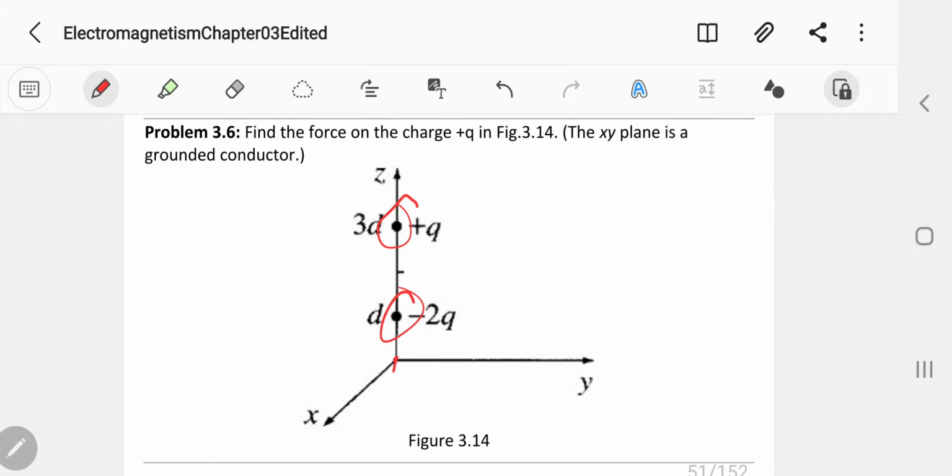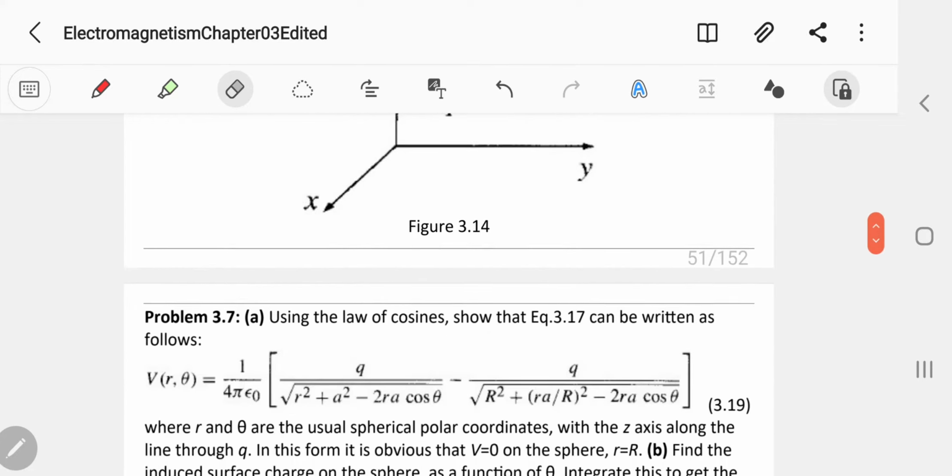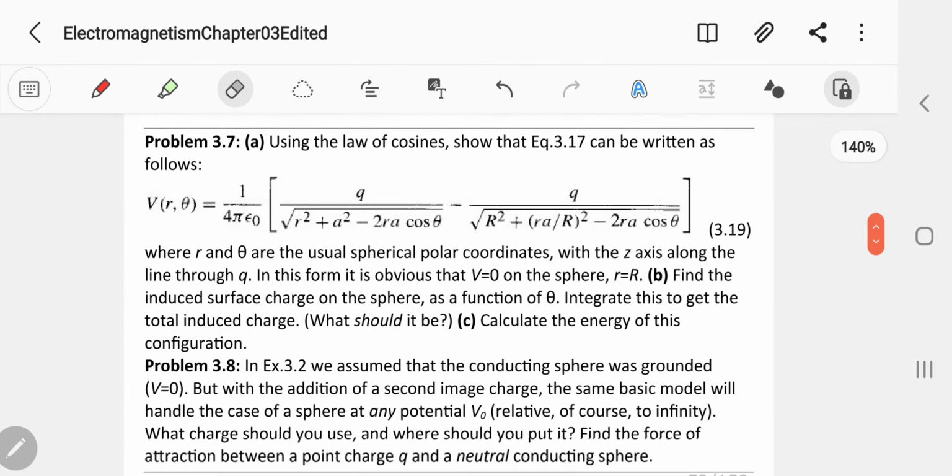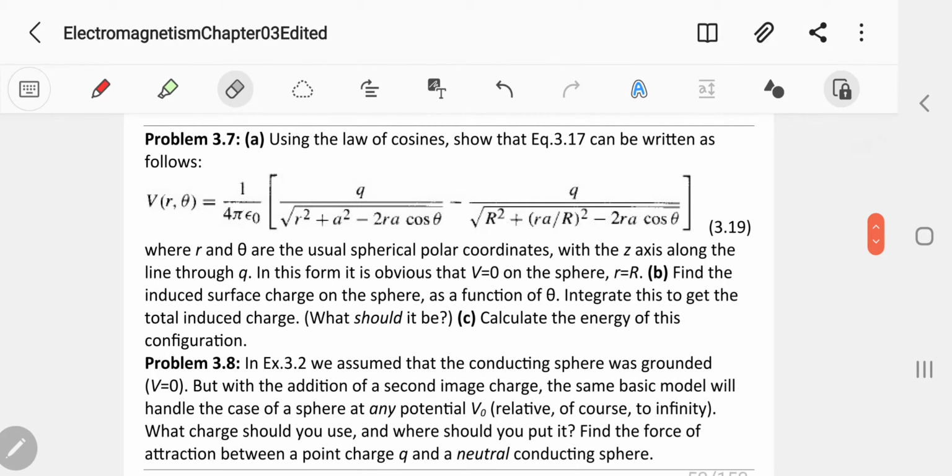This one will have an image charge below, and this one also has an image charge below. So anyway, that would be easy and trivial for you. And of course 3.7 would just be the last one that we discussed.